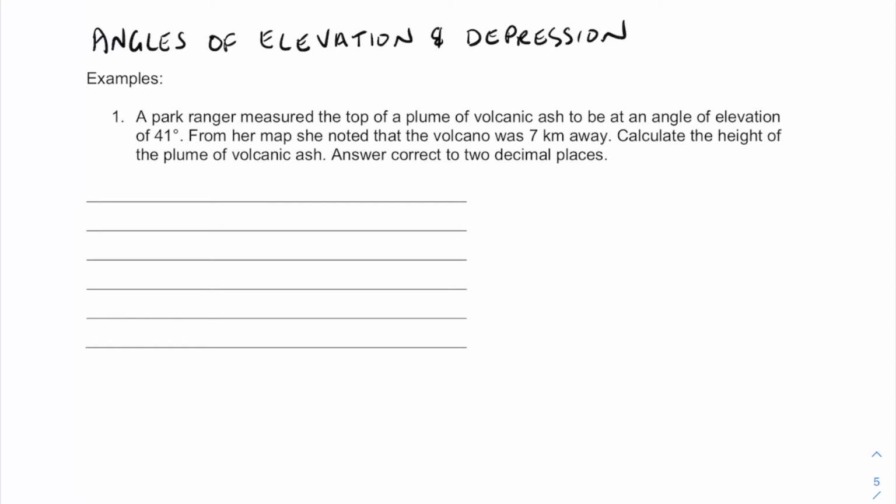For example, if I had a dot up here, but I wanted to know what this distance here was, I could use an angle of depression. Or if I wanted to know what this height was, I could use an angle of elevation.